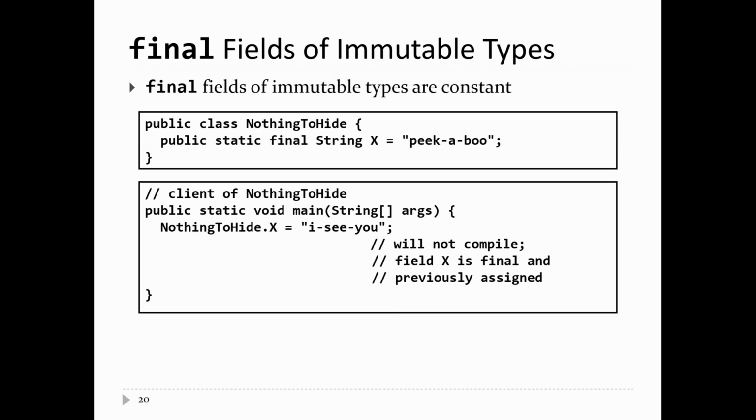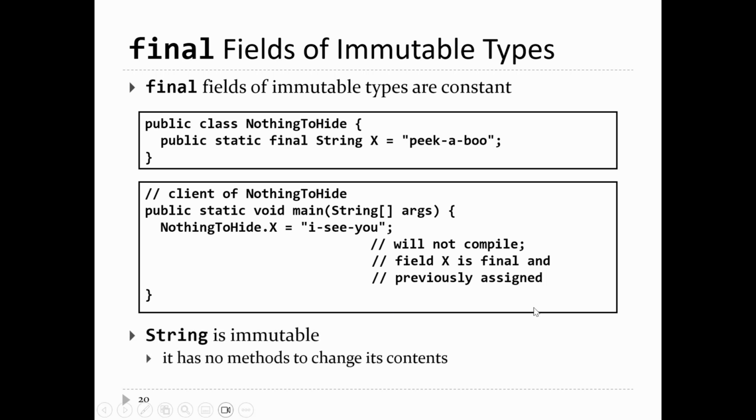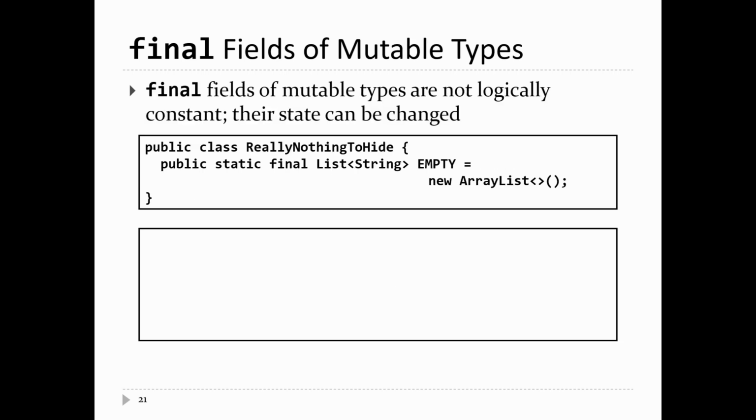All right, so string is immutable. It has no methods that can change the contents of a string. So what happens if you have something that's not immutable and you mark it as being final? Here's a list, or an array list, it doesn't matter, called empty.